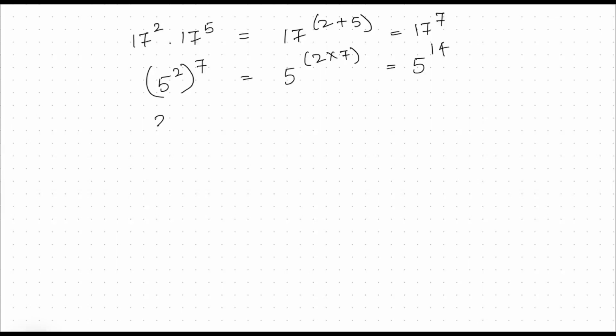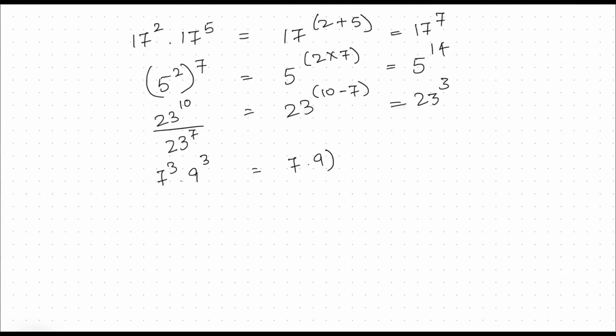Looking at divisions, 23 to the power of 10 and 23 to the power of 7, here we will subtract the two exponents. And 7 to the power of 3 multiplied by 9 to the power of 3. In this case, the exponents are the same, however, the base numbers are different. So here we will multiply 7 and 9 and we'll get 63 to the power of 3.